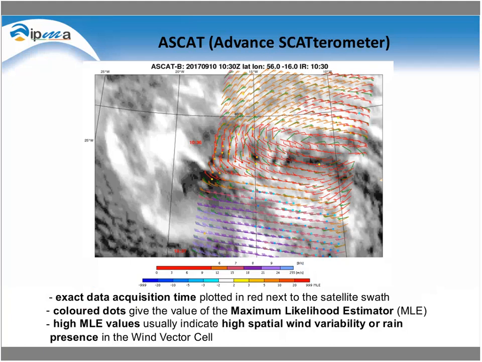And then, just to be more precise to the product, you can see the effect data acquisition here near the swath, and then we have the colored dots over some winds, and they give us the value of the maximum likelihood estimator.